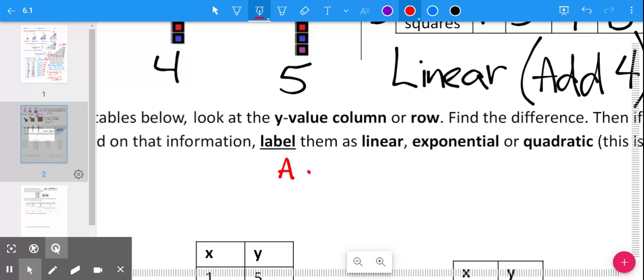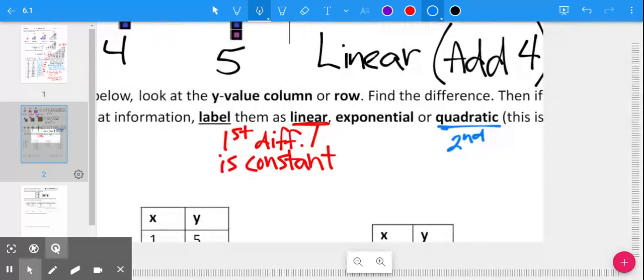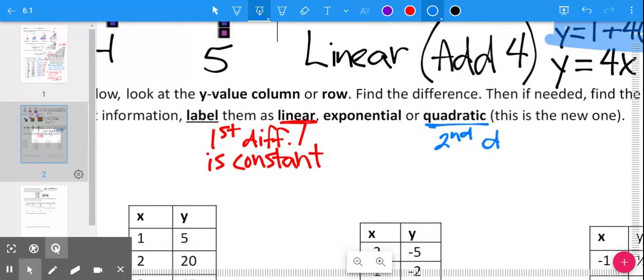So actually, we should probably put the first difference. So first difference is constant. That's linear. Quadratic, the second difference is constant.